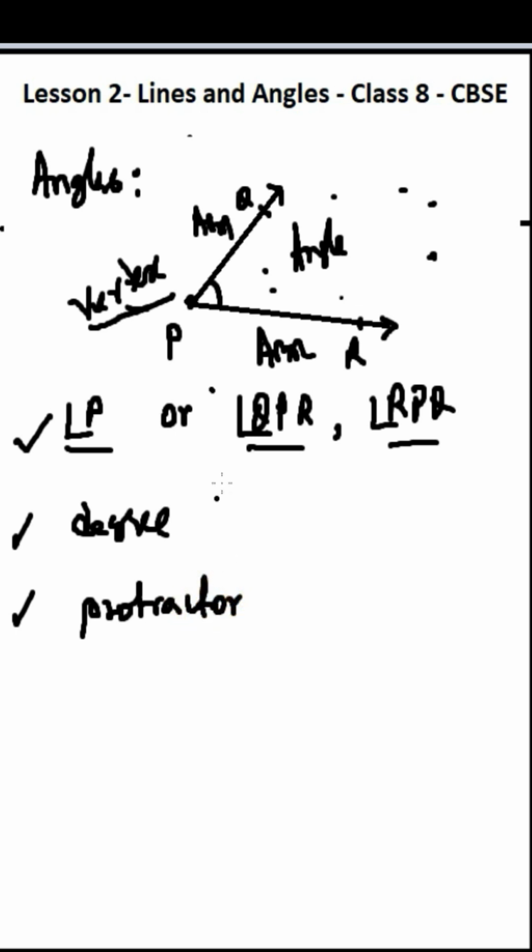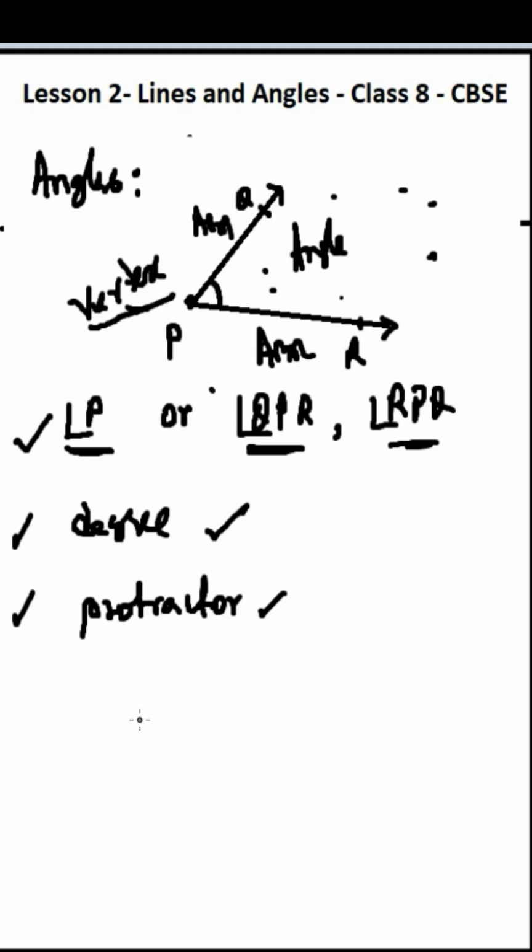So we understood how an angle is formed, how an angle is represented, what the unit of angle is, and with what instrument an angle is measured. So using the protractor you can measure the angle. So this is the degree, right?